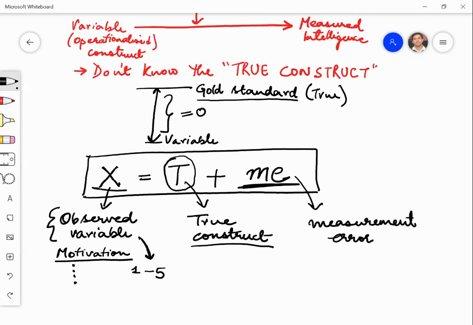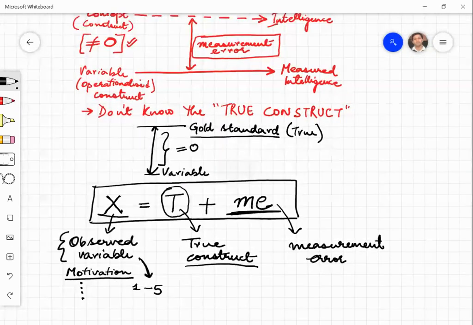They are not accurate representations of the true construct. So we don't even know the true. And second, a lot of times our items or the surveys or the measures have some inherent problems in them, right? Now, let me just take a detour.